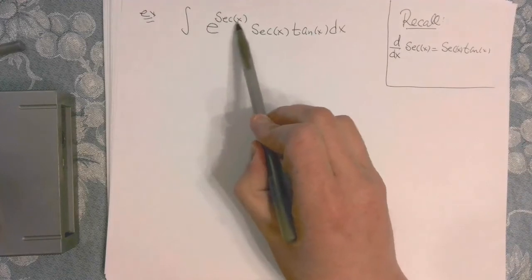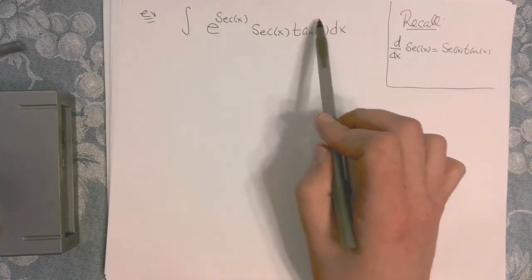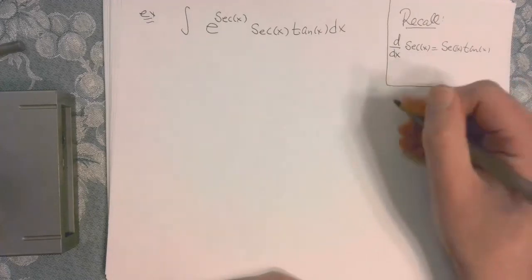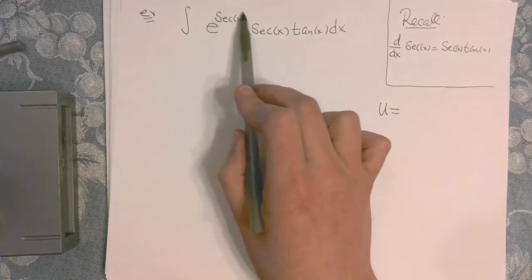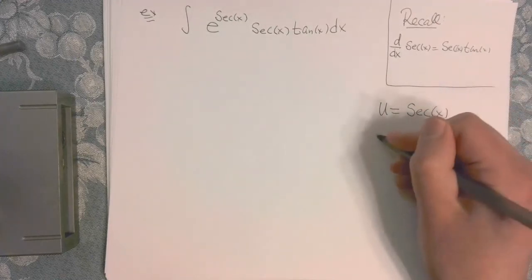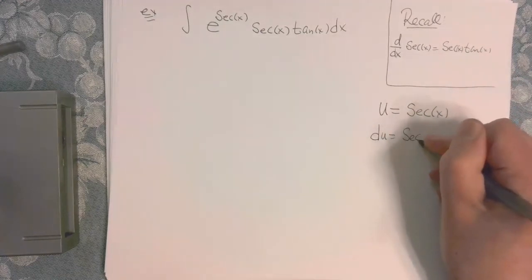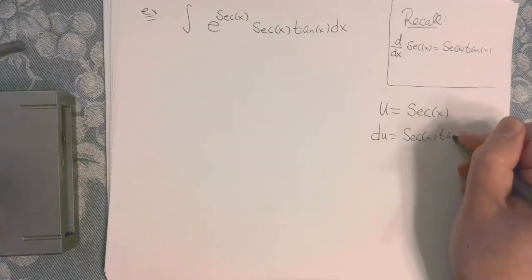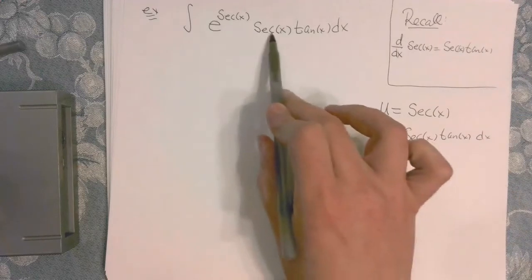I mean, if I let this be u, then du will help me get rid of all of this. So that was good. So u is going to be, in particular, this secant of x, right? So u is going to be secant of x. Now, the derivative of secant, we said, is exactly secant of x times tangent of x dx. And this will help me get rid of this.